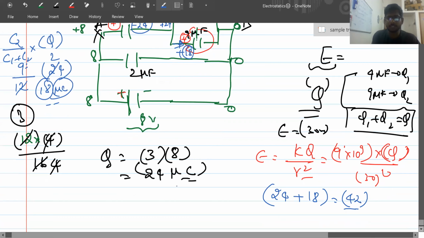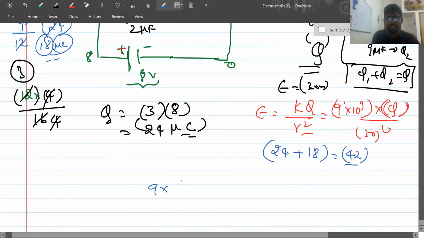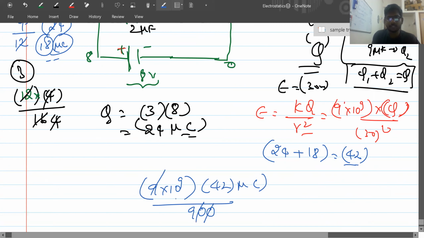So the formula will be 9 into 10 power 9 into Q, which is 42 microcoulombs, divided by 30 square, that is 900. The zeros cancel, 9 gets cancelled, leaving 10 power 7.